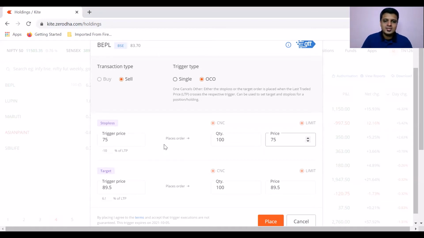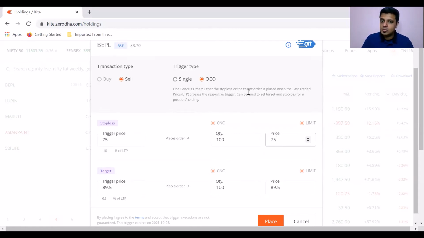So what I do is I enter the trigger price and the price there, and this together. Now, in the trigger itself, there are two types. There's one single pricing, which basically means if it hits 89.5, sell off, or you can do a stop loss and a target price mechanism called OCO. One cancels the other, which is self-explanatory.